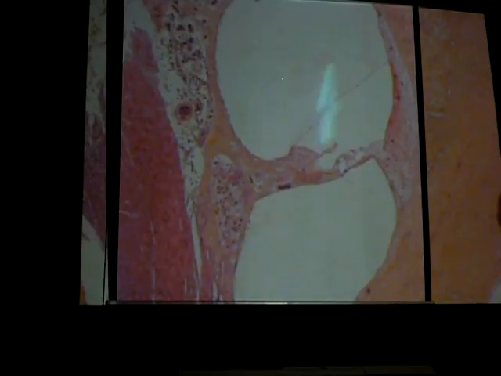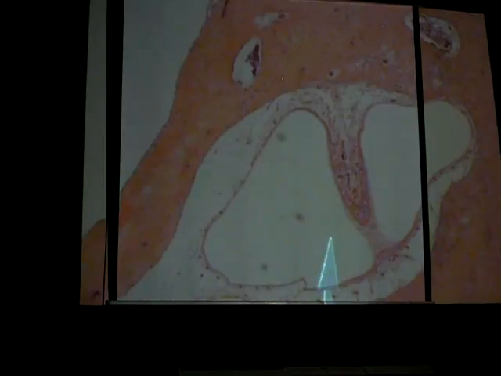Again, our scala vestibuli, vestibular membrane here, scala media, our stria vascularis, the cochlear duct, the organ of Corti. And that would be your basilar membrane, so that's your scala tympani. Below that, if we go a little bit down, that's where we find our cupula and our cristae ampullaris.